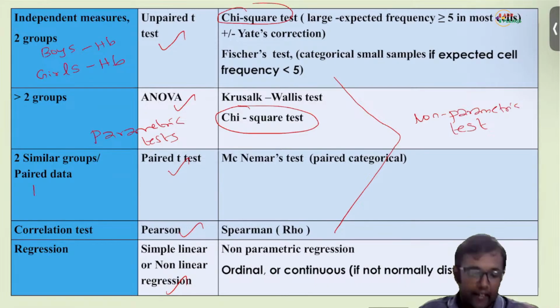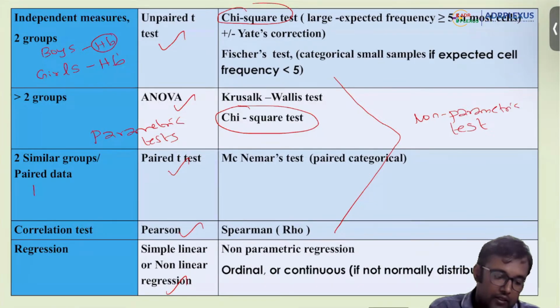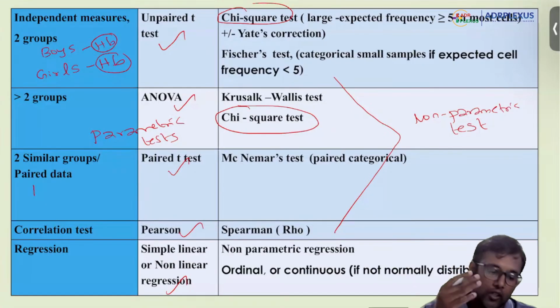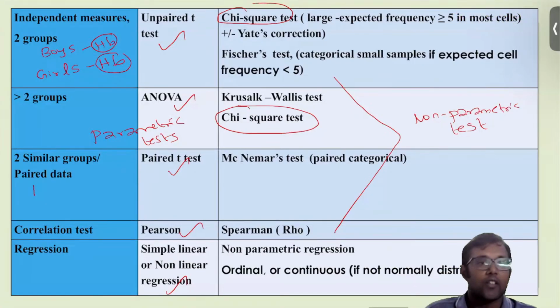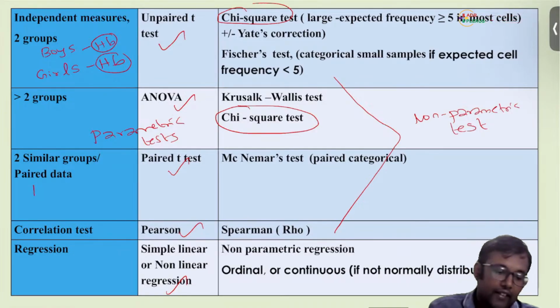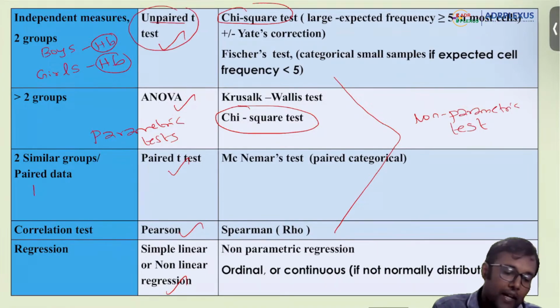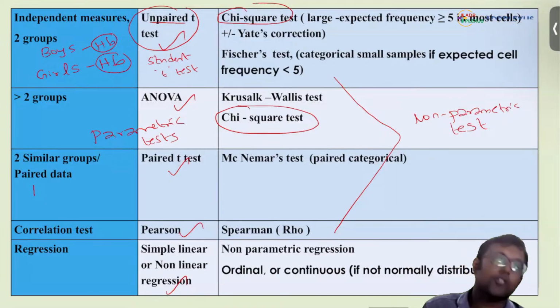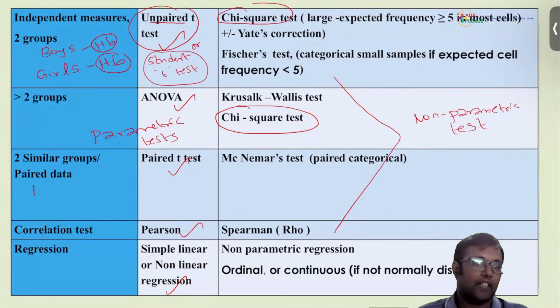If you are comparing some numbers between two different groups, then you have to use a quantitative parametric test. If the groups are different, then the test used is called the unpaired t-test or student t-test. These are two names of the same test.